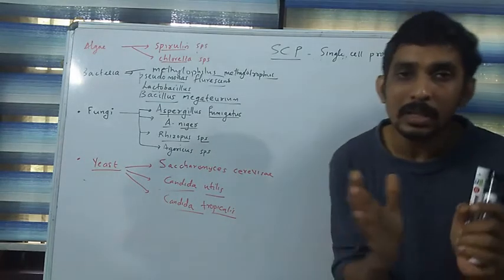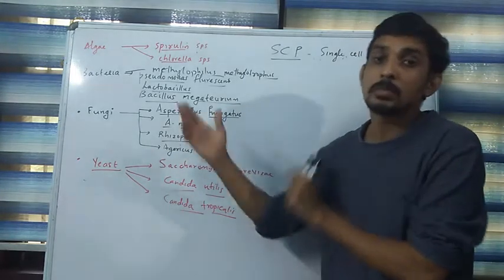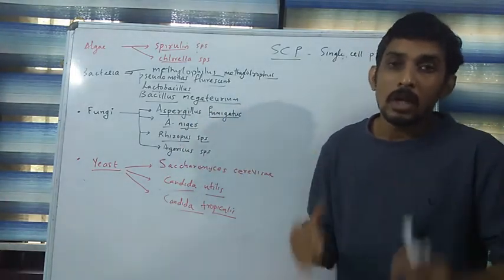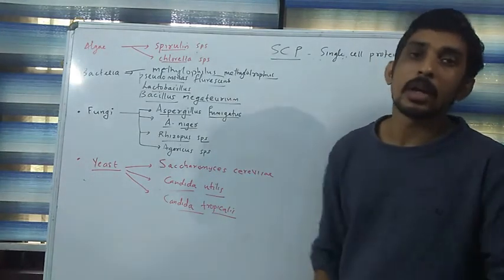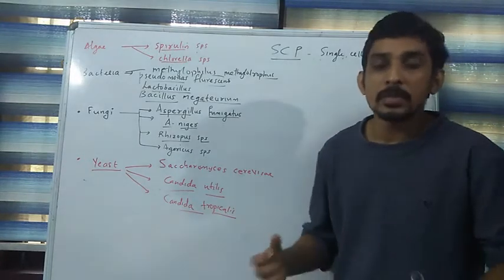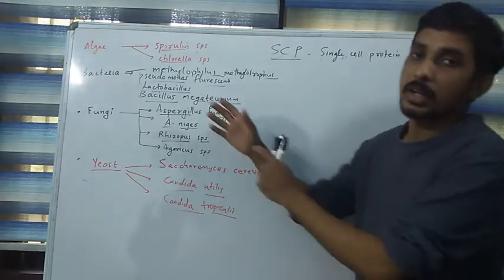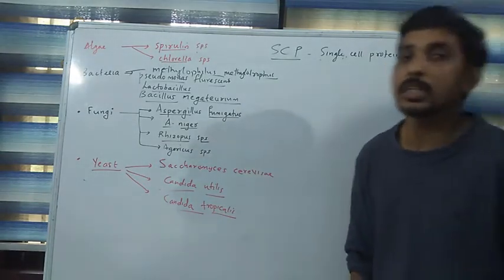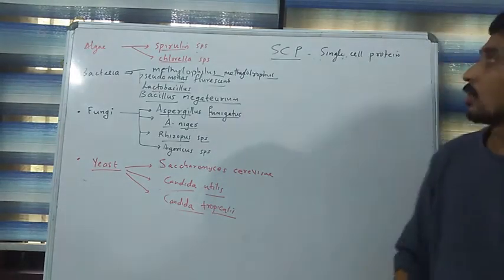But when we compare the cow and Spirulina, our production cost, our expense is very low in the case of Spirulina, but in the case of a macroorganism like a cow, our expense is very high. So it is better to depend on such single cell protein for the production of energy. So that is the second advantage of single cell protein.